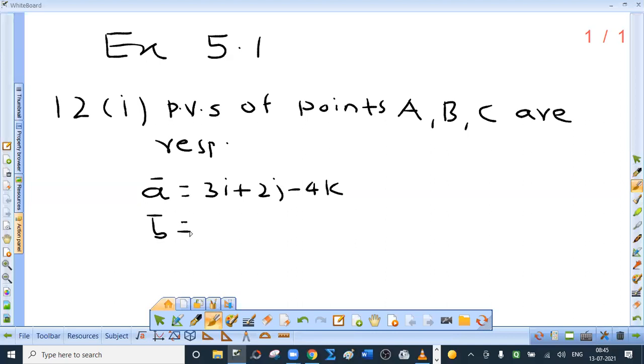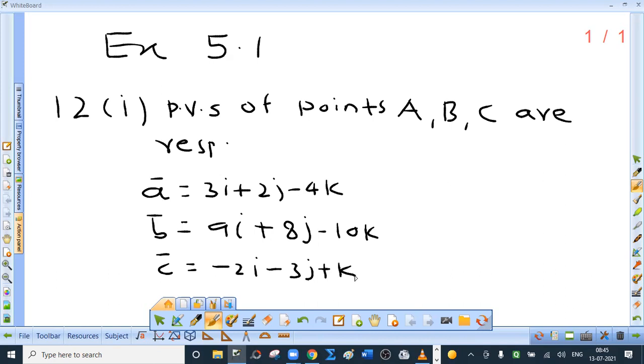Write down b bar. b bar is 9i plus 8j minus 10k. And what is c bar? It is minus 2i minus 3j plus k.